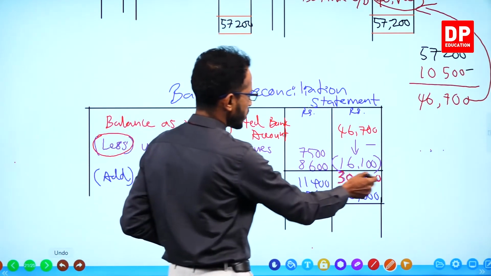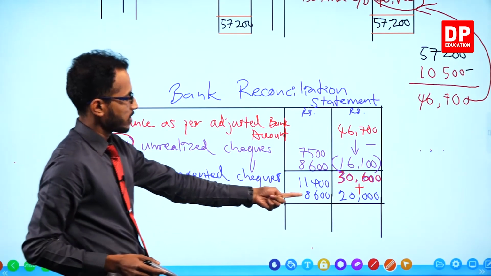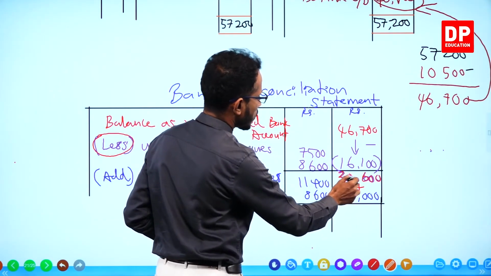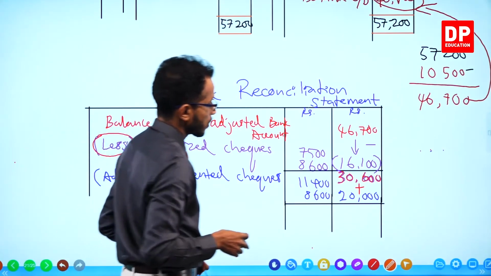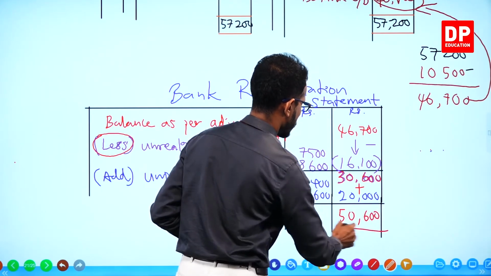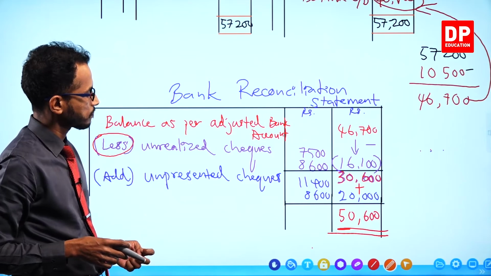You get 30,600 and you add the unpresented 20,000 to this. So you get 30,600 plus 20,000, 50,600. The final answer. All right.